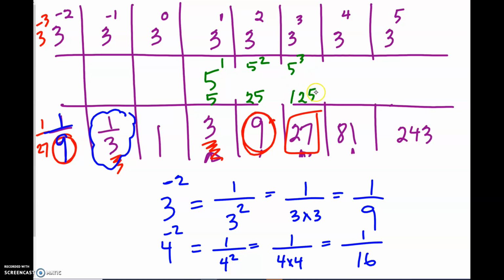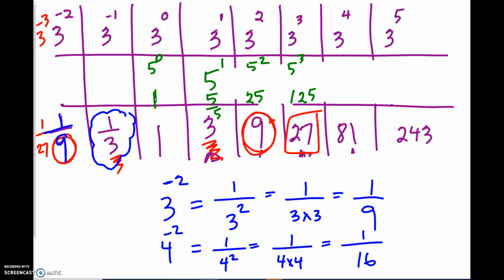So if you take 125 and divide by 5, you get 25. 25 divided by 5 is 5. What's 5 divided by 5? Don't we get 1? So look at, we have 3 to the 0 power and we got 1. We have 5 to the 0 power and we got 1.